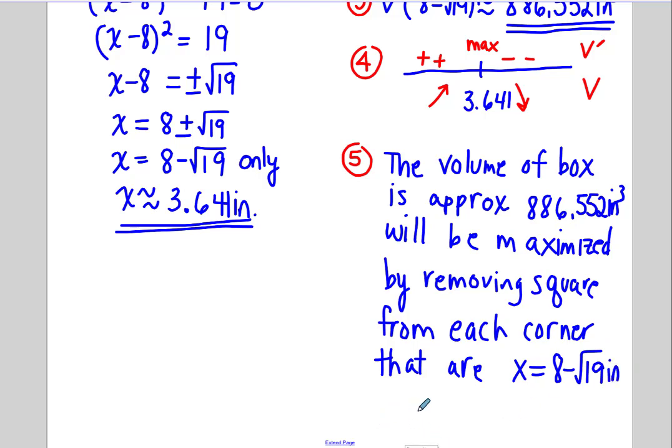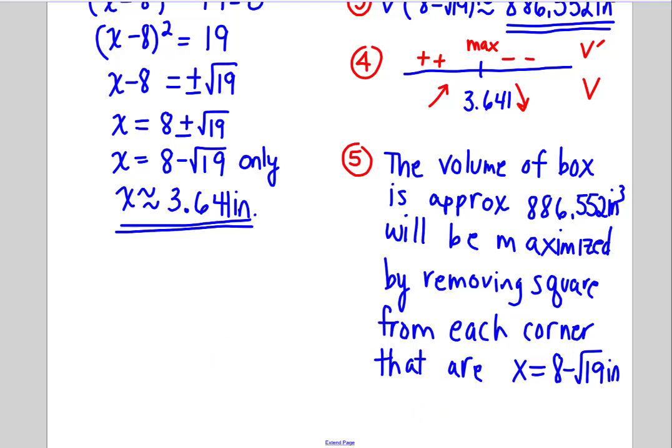And the reason that happened is because the volume derivative was 0 at that point, 3.6, and the signs changed from positive to negative there.